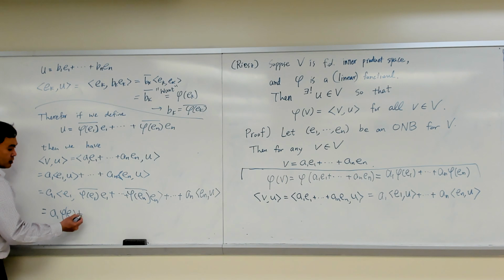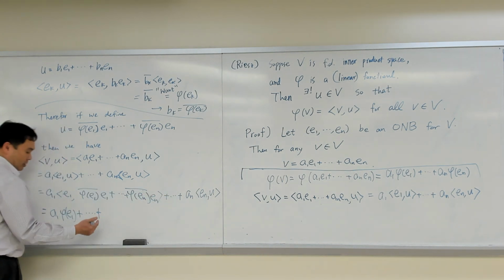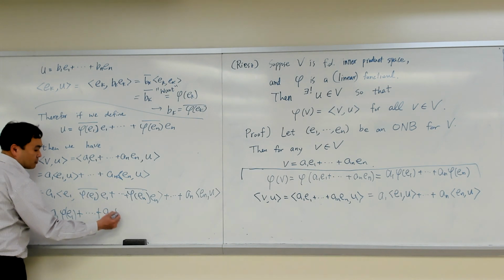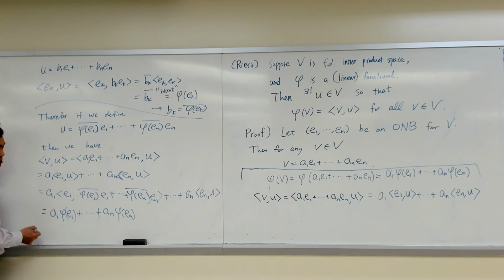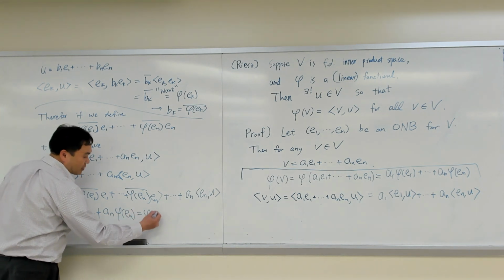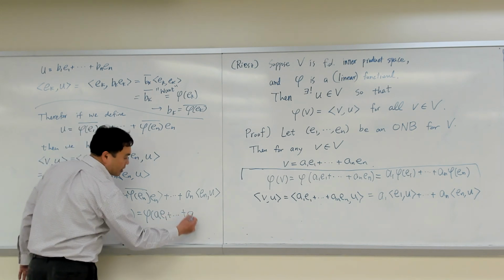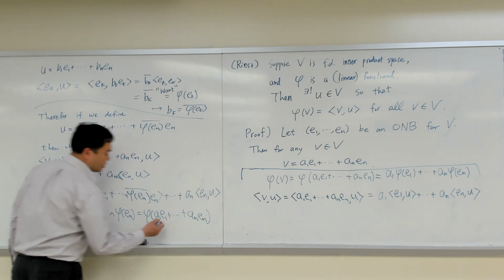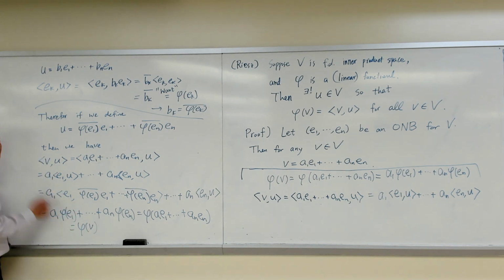But then because of the same kind of calculation, this is going to give you the same thing. It will be AN phi of EN. But then by the linearity of phi, this is the same as phi of A1 E1 da da da, AN EN, and that's exactly the same as phi of V. So this equality is now proved.